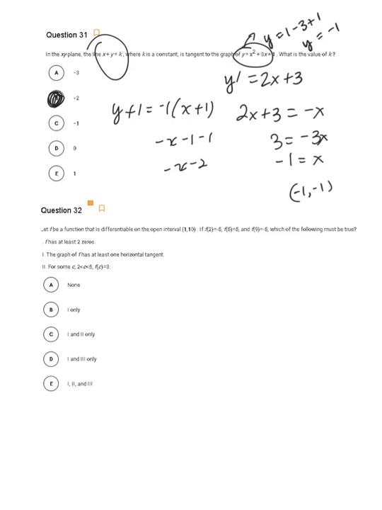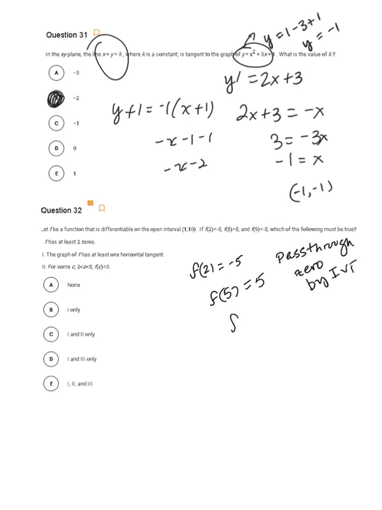So I'm looking for guarantees here. If f of 2 is -5, and f of 5 is 5, it did have to pass through 0 somewhere by the intermediate value theorem. Pass through 0 by IVT.